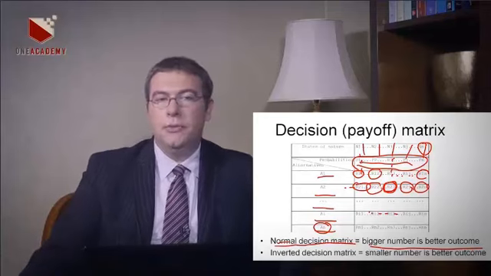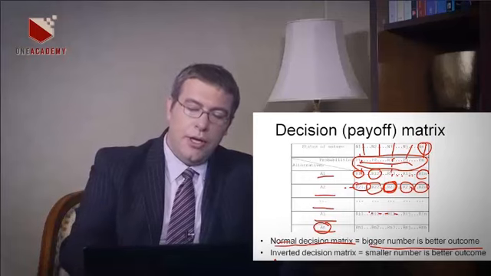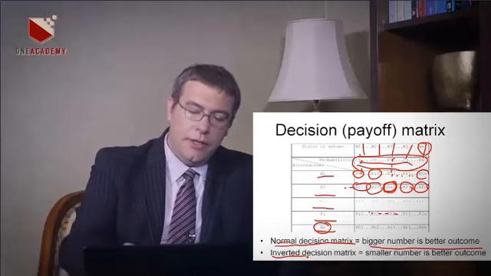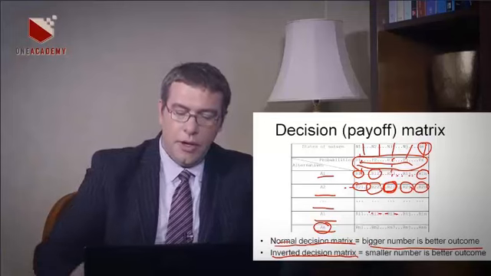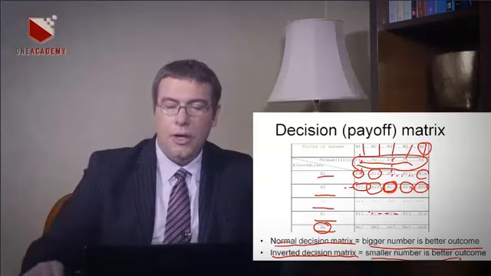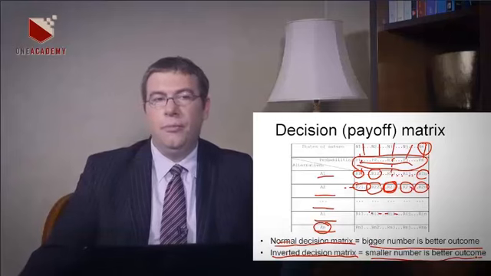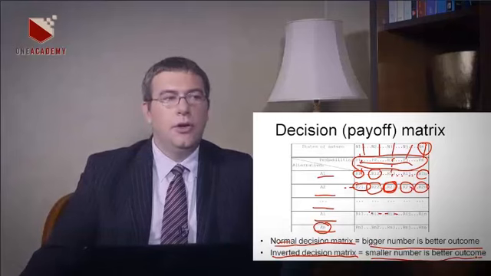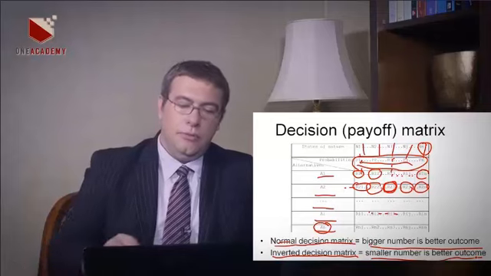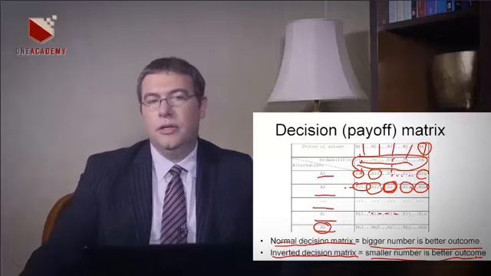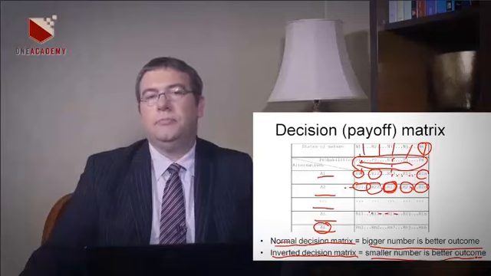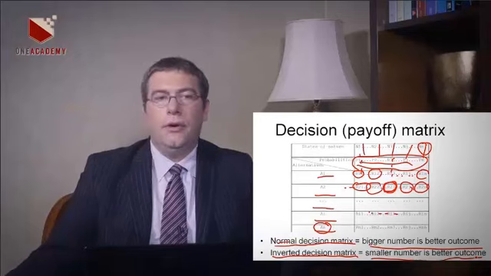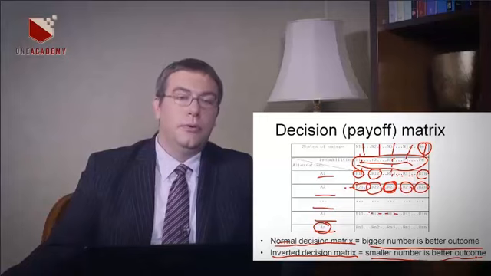There might be cases when we have actually an inverted decision matrix, where the smaller the number, the better the outcome. Imagine that we have put here something like costs. So the decision maker has to decide among alternatives how to build a house, for example.